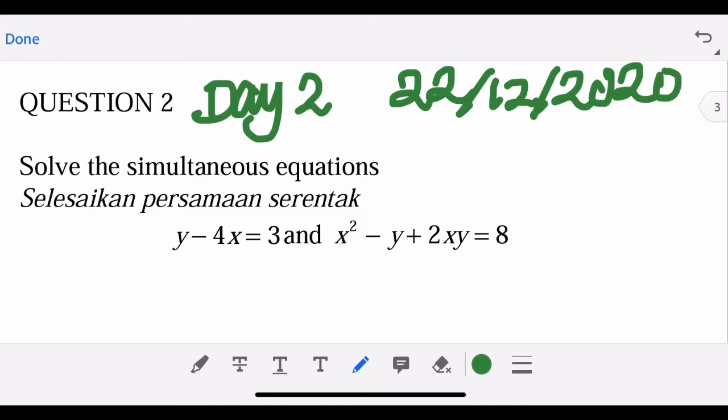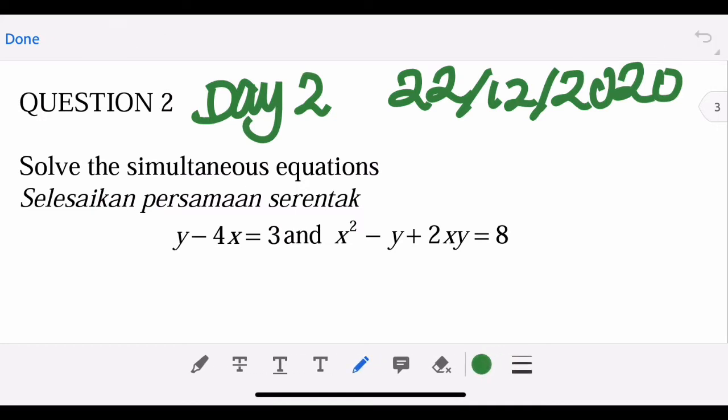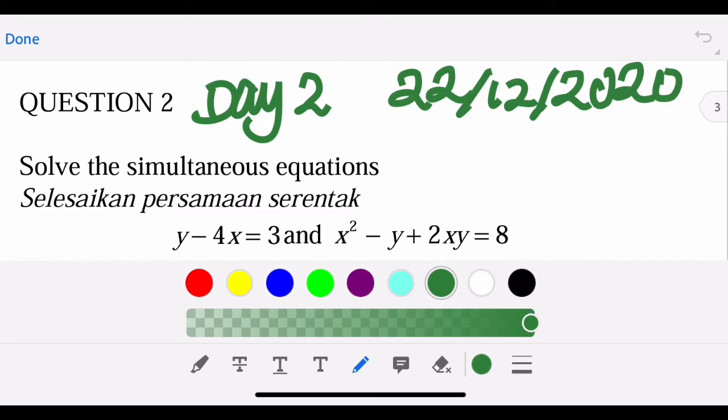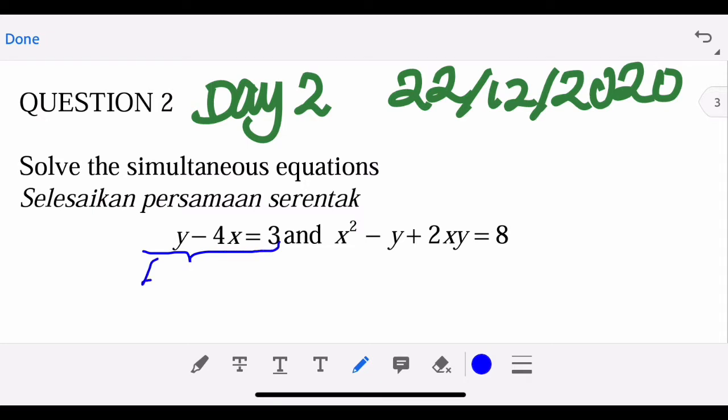You look at the linear equation, y minus 4x equal to 3, and non-linear equation, x squared minus y plus 2xy equal to 8. Alright, so this is the linear equation.